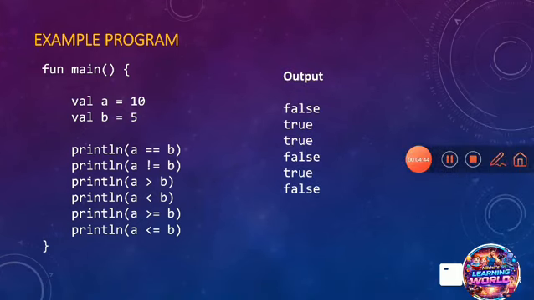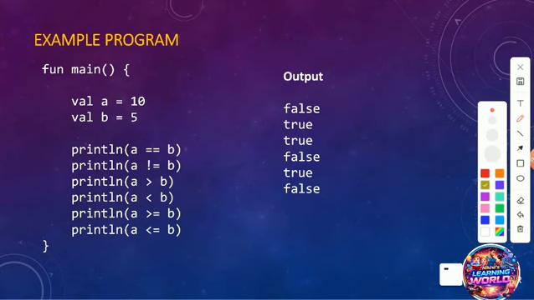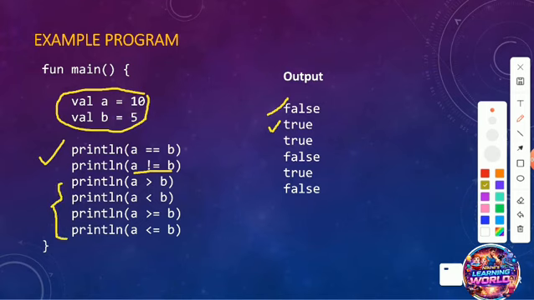Okay, this is the example on comparison operators, like a equal to 10 and b equal to 5. We are checking the comparison between a and b. So a equal to b will return false. That means a is not equal to b, 10 is not equal to 5, so the output will be false. In a similar way, a not equal to b is absolutely true.